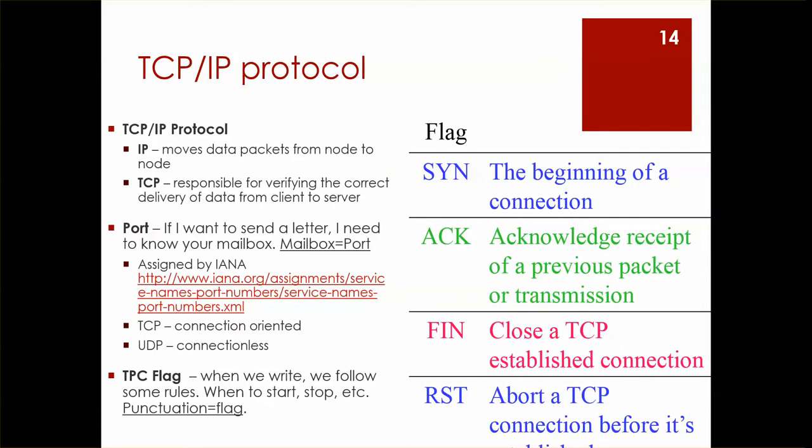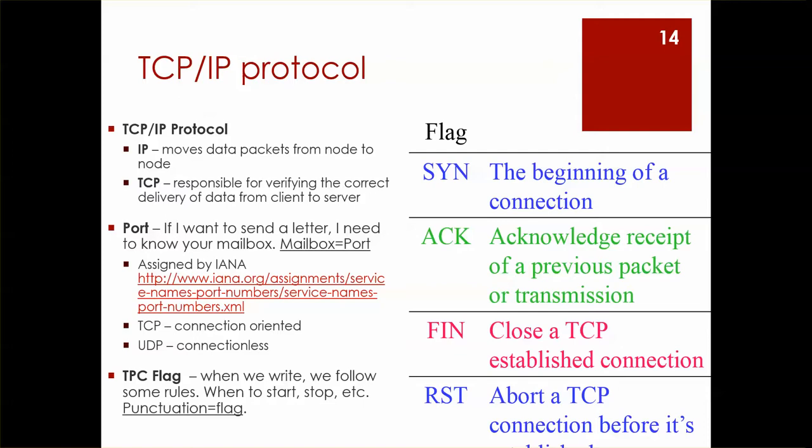Okay, so again, we just talked about the TCP/IP model. Now we're switching to the TCP/IP protocol. The TCP protocol is basically a combination of the transport and the network layer within OSI. TCP is used basically for verifying the correct delivery of data from a client to a server using ports.